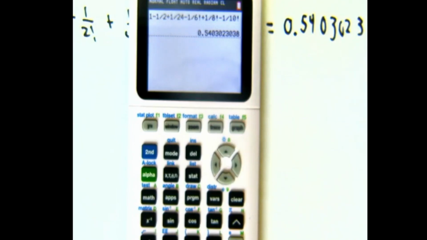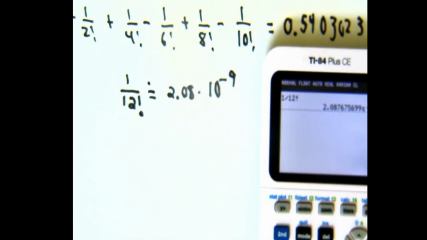According to my calculator, the partial sum is 0.5403023038. According to this thing that we figured out, the difference between this and the true value of the series can't be any bigger than the next term that we would add on. Using my calculator again, that works out to be about 2.08 times 10 to the minus 9 power.